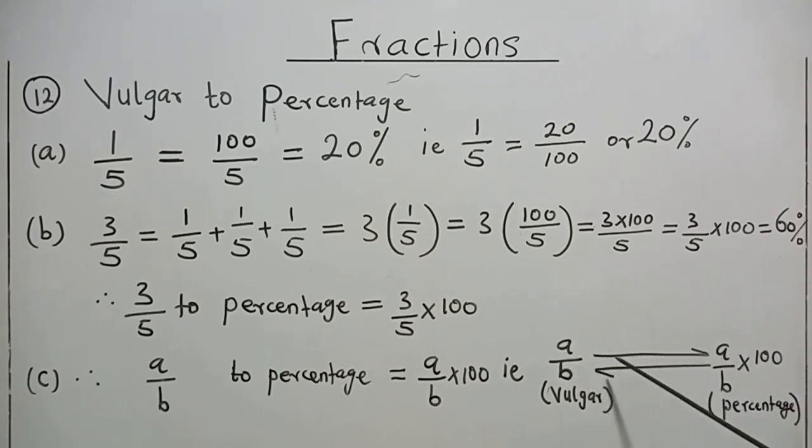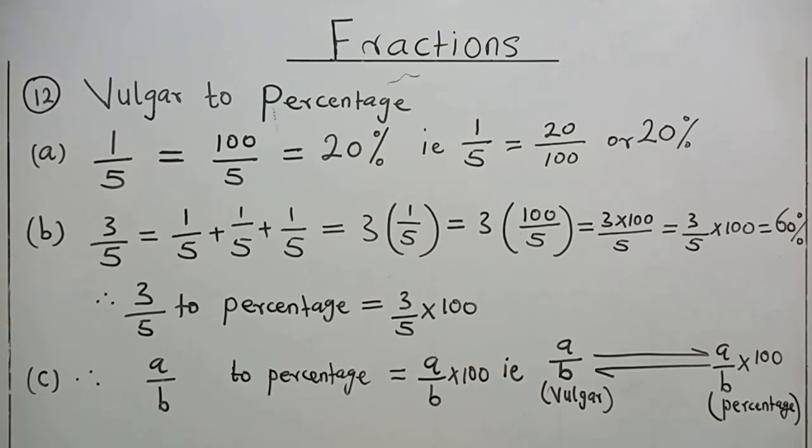A over B to percentage is equal to A over B times 100. So this is a reversible thing. That means it is possible to change vulgar to percentage. It is also possible to change percentage to vulgar. Let this be the connection between vulgar and percentage.